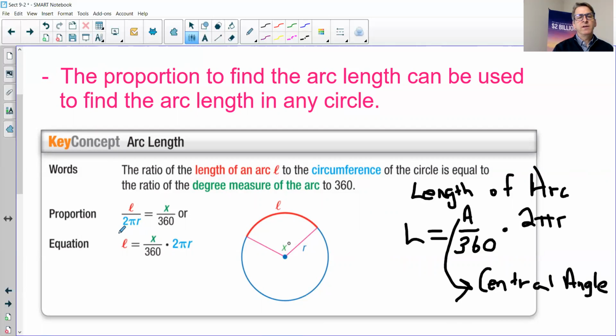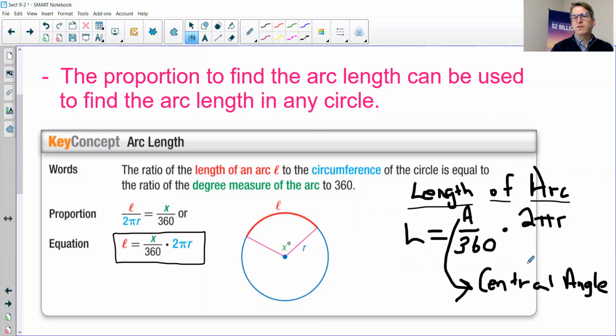We're going to most likely use this equation more often. Basically, it's just algebra to come up with that. So L is equal to x over 360 times 2 pi r. If you multiply 2 pi r on both sides, you end up with the length of an arc formula, which is equal to A over 360 times 2 pi r.